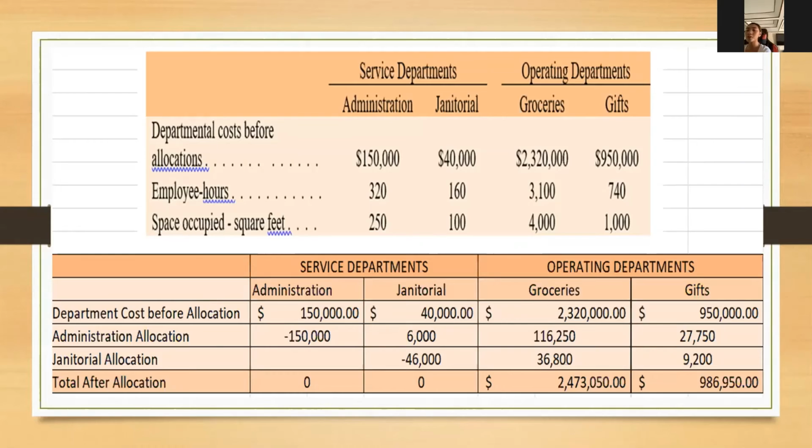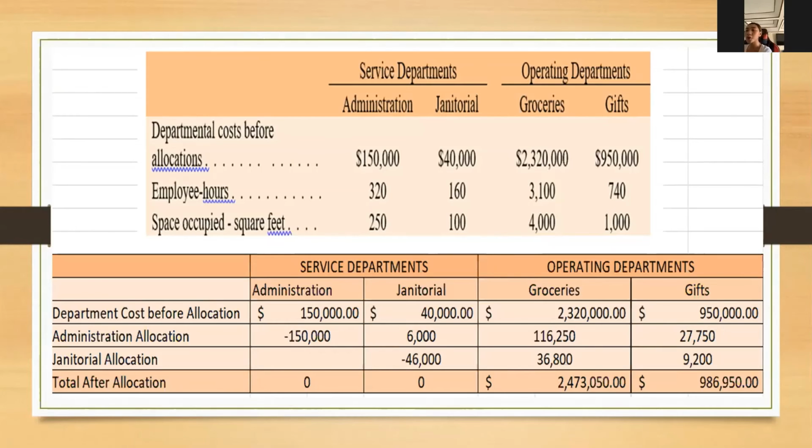So we will drop down the $150,000 po ng administration na i-allocate natin sa operating departments. So 150,000 i-times natin sa 160 ng janitorial employee hours po. Divide natin sa total janitorial, groceries, gifts, employee hours po, which is 4,000. It equals to 6,000 po na i-drop down natin sa janitorial.